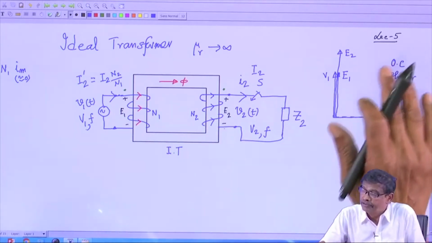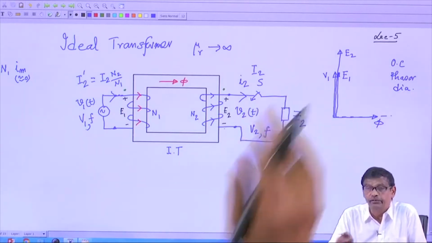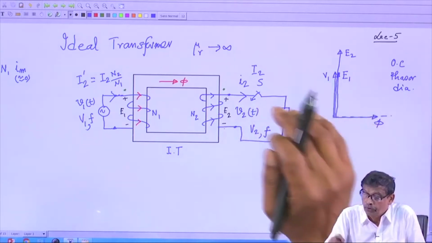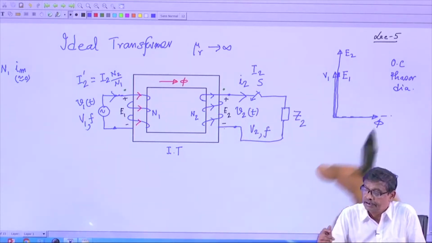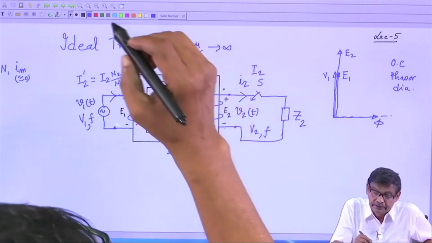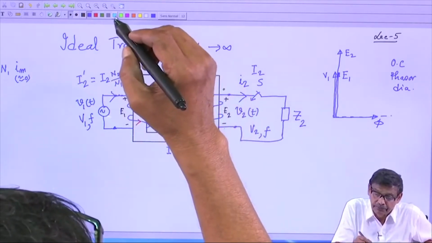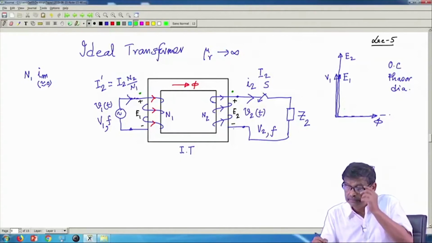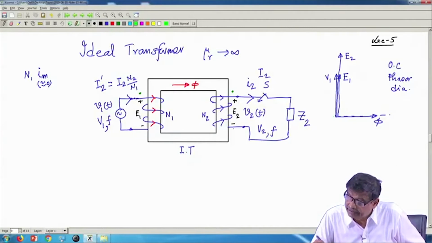Therefore, this was the open circuit phasor diagram with S opened. Now, with S closed, the phasor diagram will be, the currents I have to draw. First I draw the secondary current.